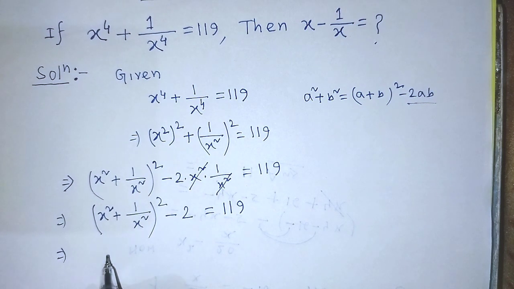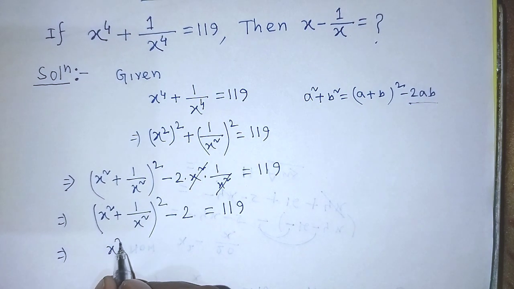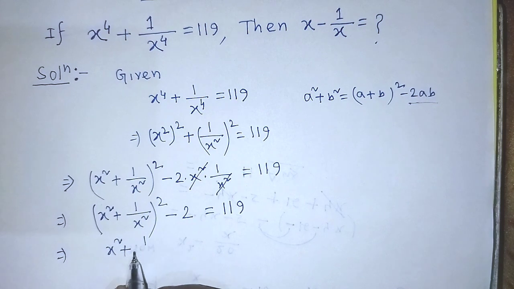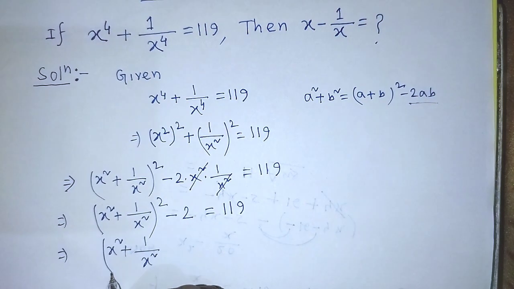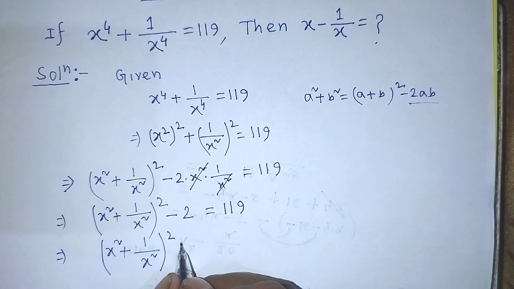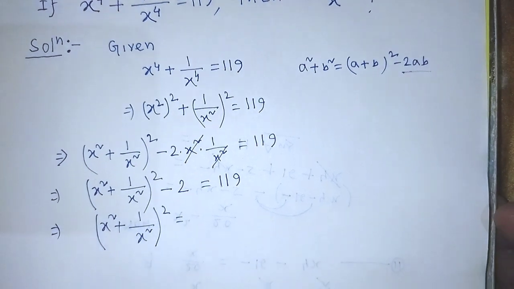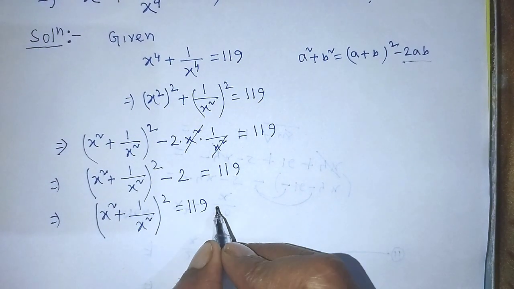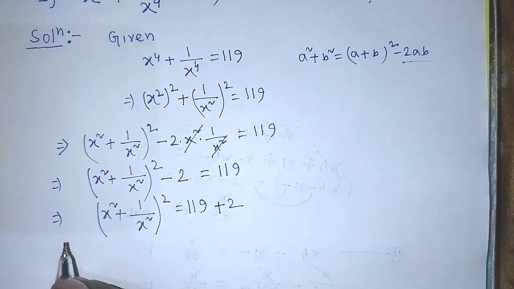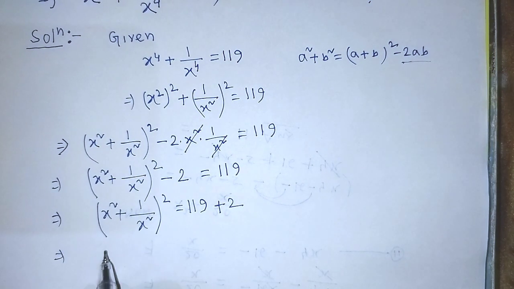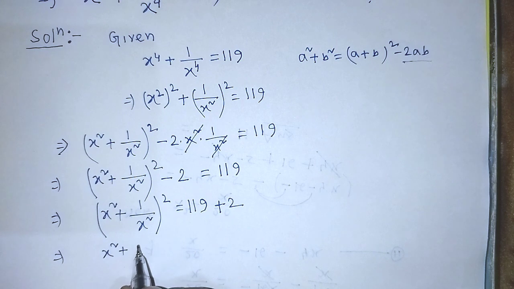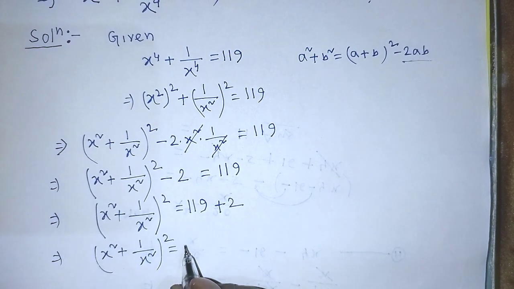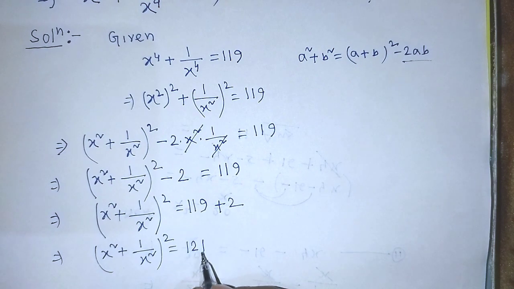So on the left hand side x square plus 1 over x square whole to the power 2 is equal to, on the right hand side 119 plus 2. So after that we can write x square plus 1 over x square whole to the power 2 is equal to 121.